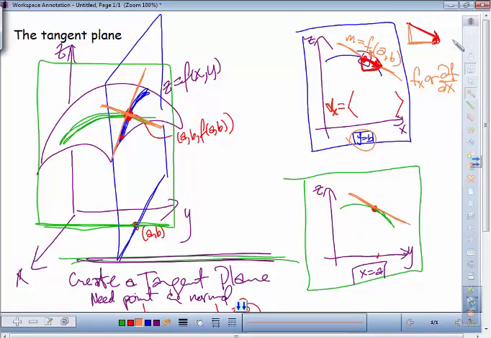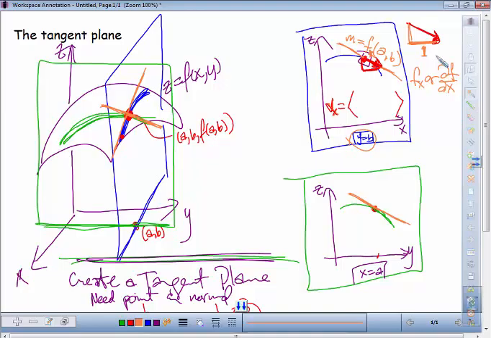And what I'm going to do is make a vector. Remember, it doesn't matter how long this vector is, right? So I'm going to make the vector so that the vector running along in this horizontal direction is 1. Okay? Now think. The slope of this line is a derivative with respect to x.